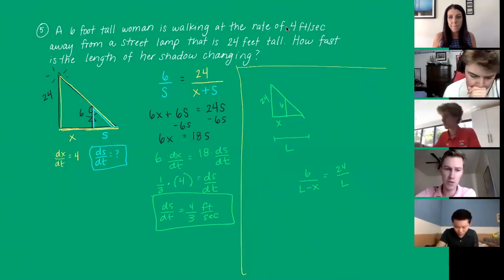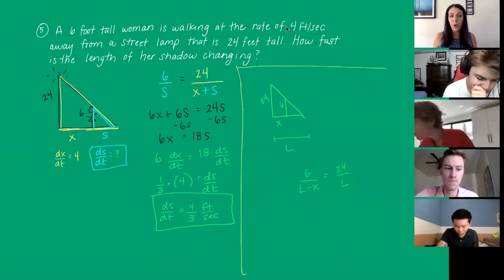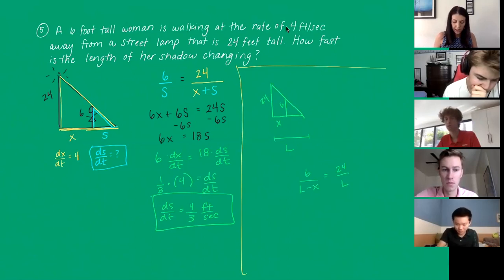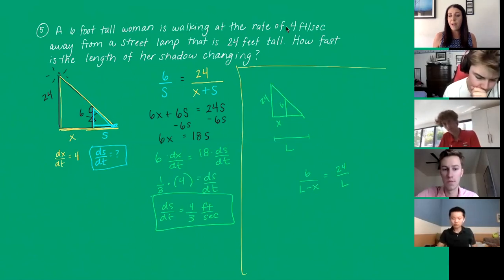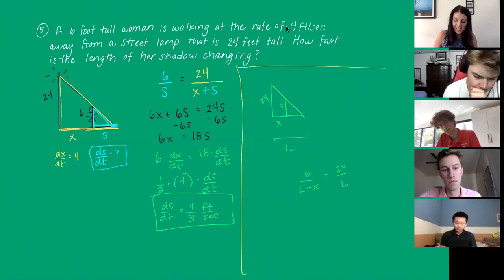So why did you change from S to L? So in the first question, it wanted to know how fast the length of her shadow was changing. The length of her shadow is only the distance from that person to the end of this triangle. That's the length of her shadow. What you're going to also encounter sometimes for a shadow question with related rates is it won't ask how fast the length of her shadow is changing. It will ask how fast the tip of her shadow is moving away from the base of the lamppost.